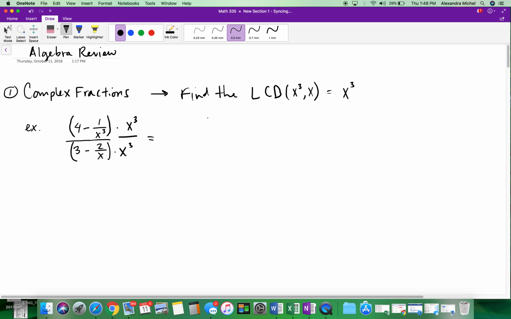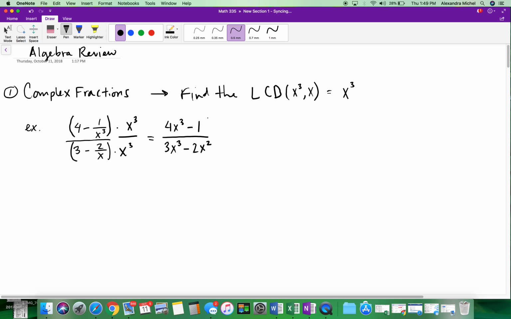So if I distribute, I should get 4x cubed minus, now 1 over x cubed times x cubed will just be 1 over 3x cubed minus, now one of the x's will cancel, so I have 2x squared here.